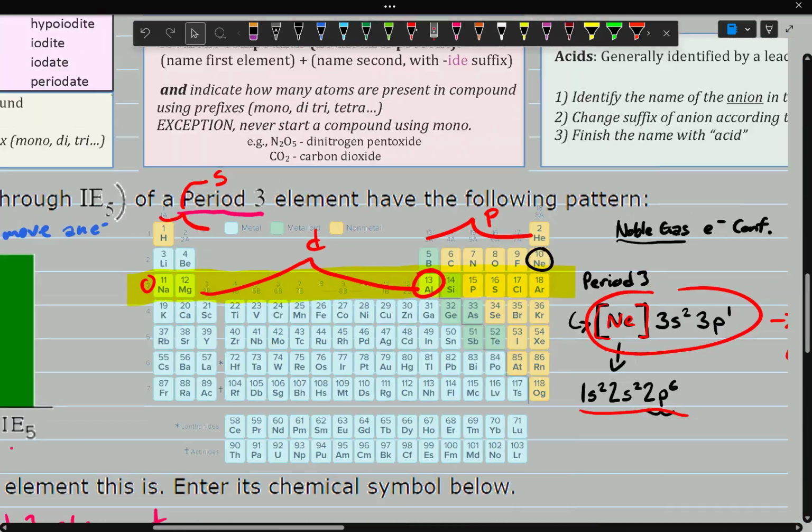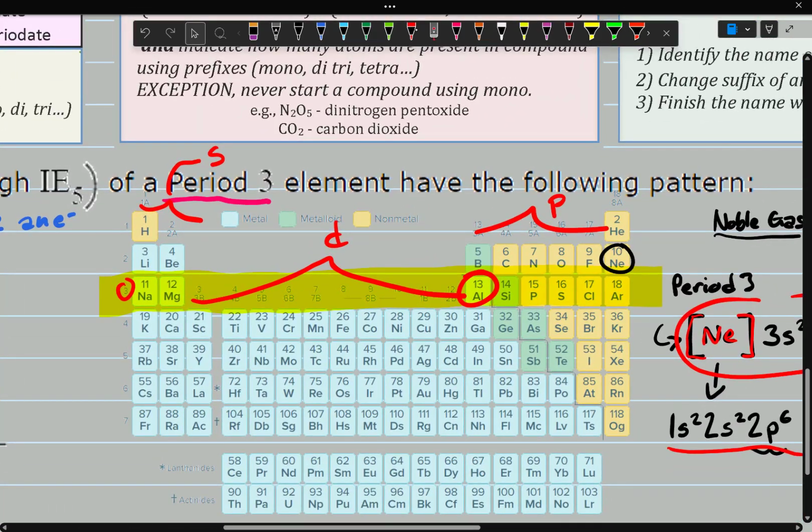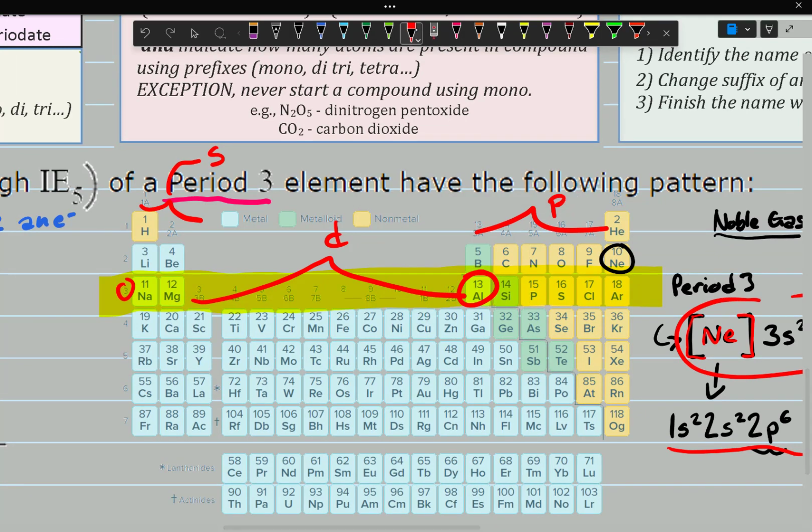So if we want to write the electron configuration for aluminum, all we need to do is take the preceding noble gas, neon, and we're in period 3, so we start with 3. This group contains our s1, and this group contains our s2, so we just need to add on 3 electrons.